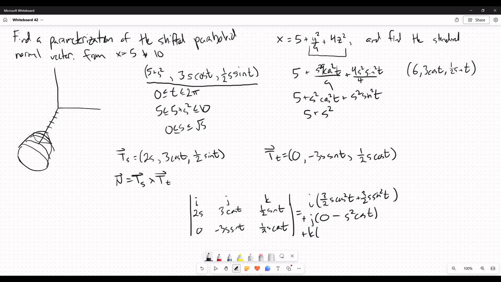And then for k, that'll be negative 6s squared sine of t, minus 0. So that gives me as my standard vector, this will just turn into 3/2. This will turn into negative s squared cosine of t. And then this will turn into negative 6s squared sine of t.